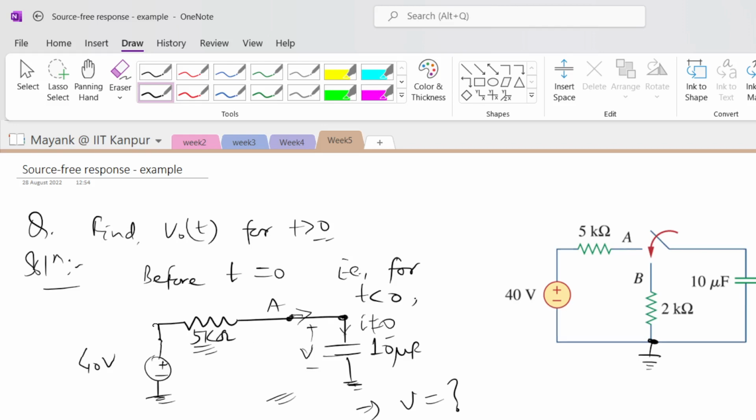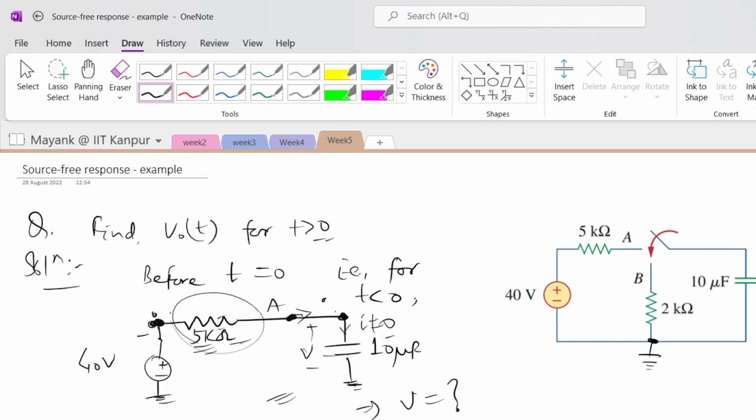Whatever voltage is at this point, the same voltage should be there at this point also, because if there is a mismatch, a net voltage would develop across this 5 kilo ohm resistor, and that would cause a net current to flow through it. But that is not possible in DC steady state. Hence the voltage here and the voltage at this point are the same.